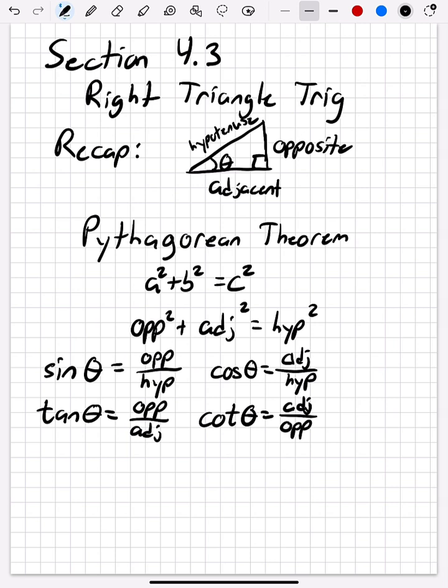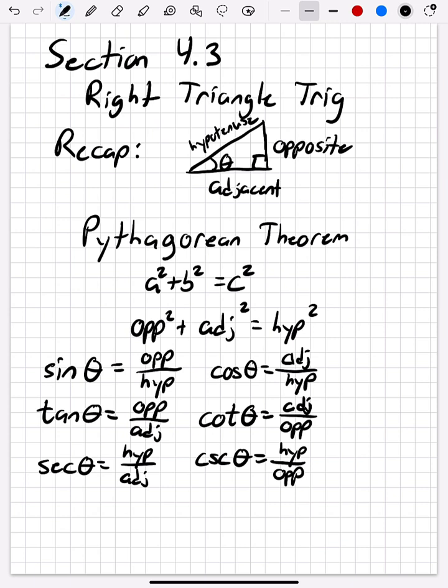And then we have the secant of theta, which is equal to the hypotenuse over the adjacent side. And then cosecant of theta is equal to the hypotenuse over the opposite side.